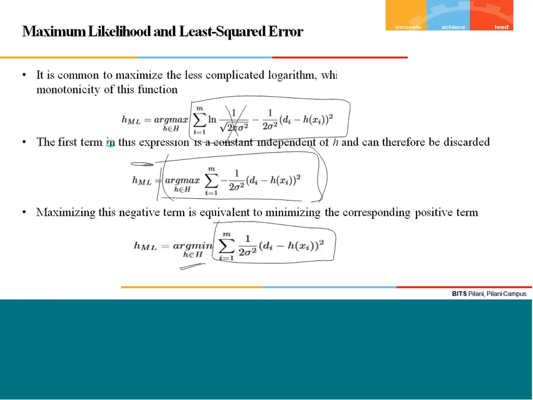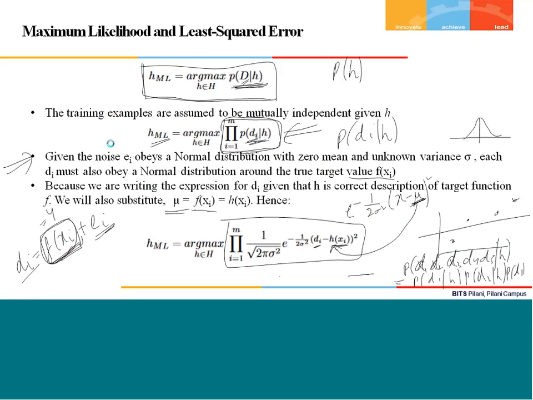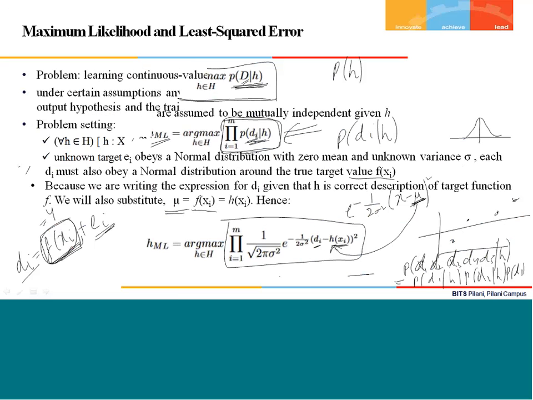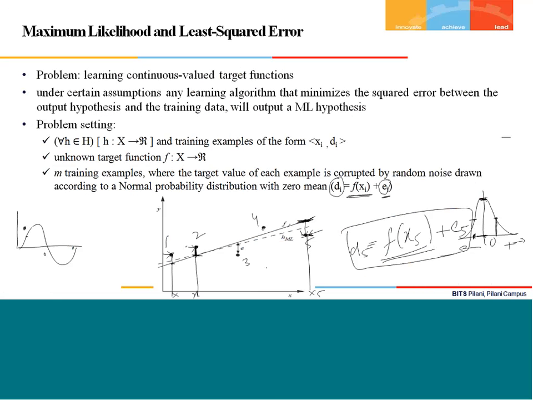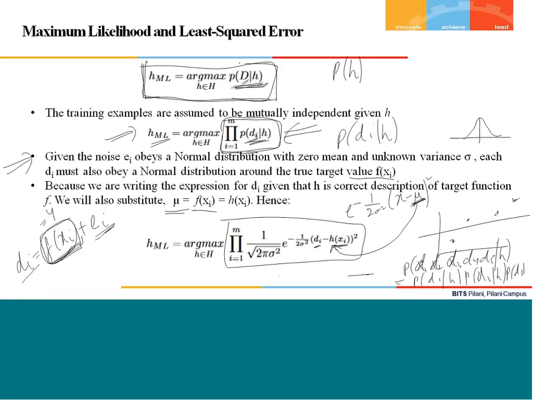And how did I come by maximum likelihood? How did I start? I started with this maximum likelihood. Do you remember? This is what I assumed, my maximum likelihood expression. How did we get it? This is Bayes theorem, right? P(D given H) into P(H) upon P(D).